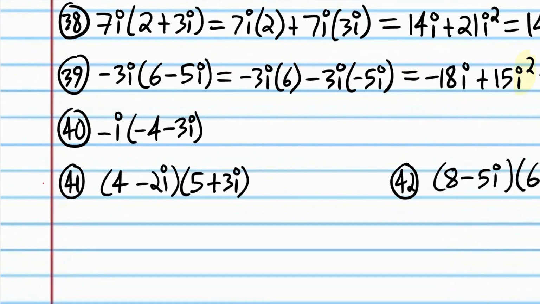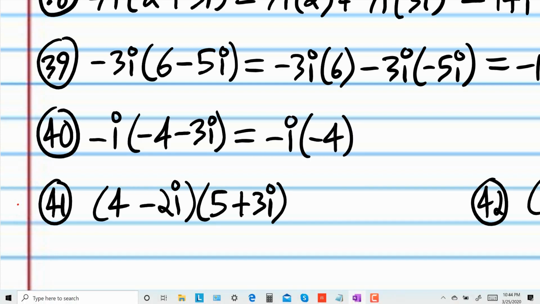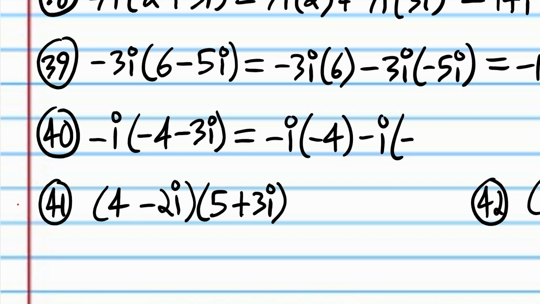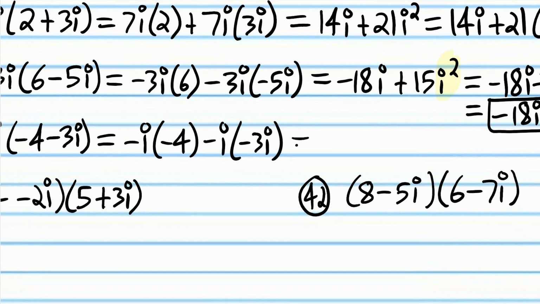All right, we're back. Negative i times negative 4 minus i times negative 3i, and negative i times negative 4 is positive 4i, and negative i times negative 3i is positive 3i squared.